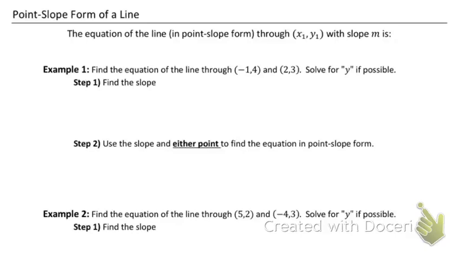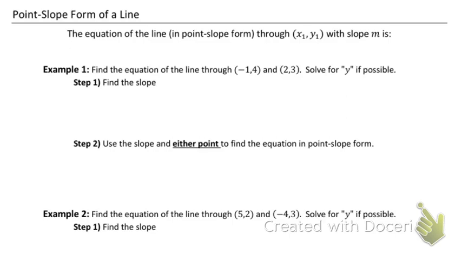I hope, whether you remember or not, but you should have seen an equation that if you know 2 points and you need to come up with a line that goes through those 2 points, we have a specific equation that solves for that line. And that equation is called your point-slope form.